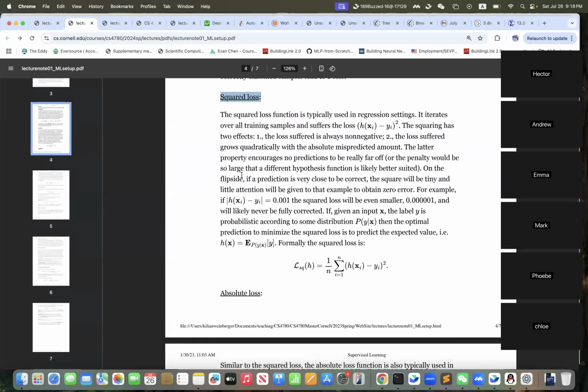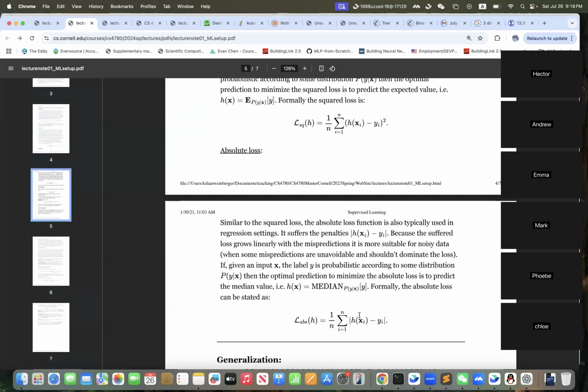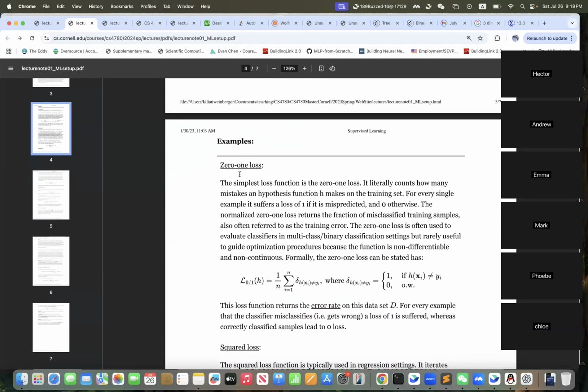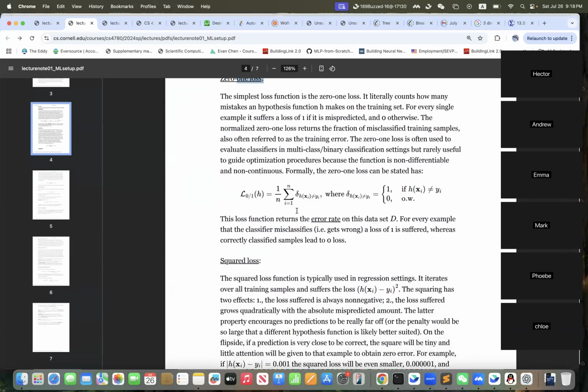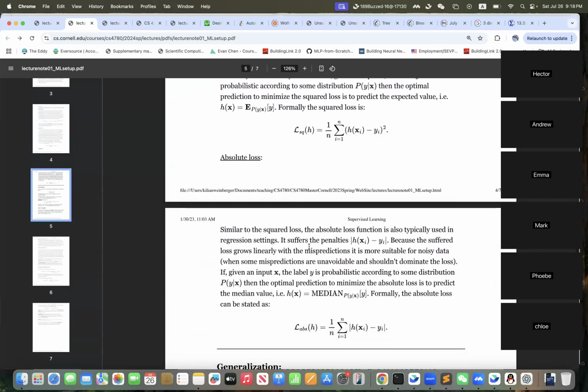Do you really want to penalize if you are really far off? Or you say, okay, far off is okay, it should be penalized, but not that big, right? For 0-1 loss, you entirely ignore how far off the cases are. In absolute loss, 5 and 1 are penalized by the absolute value of 5 - 1, which is 4.